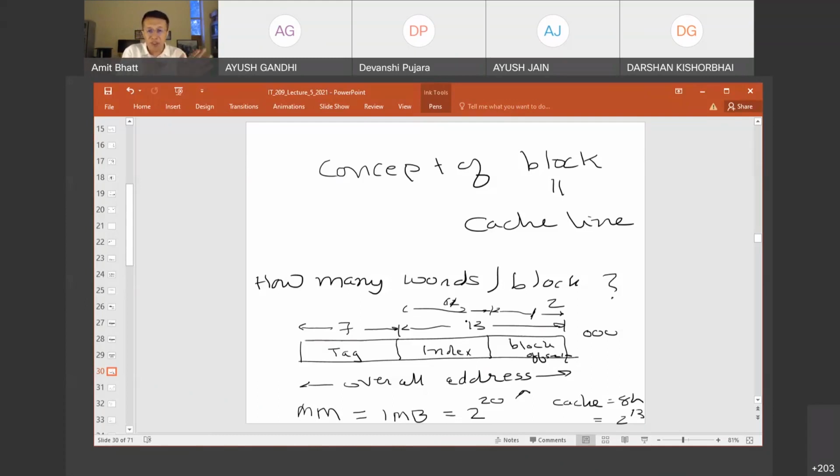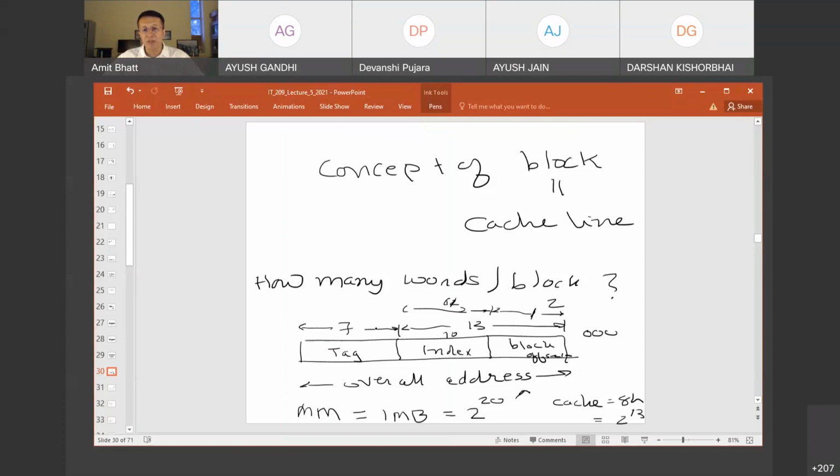The first part you would still call index, and the second part we'll call block offset. So as you start increasing the number of words in your block, the bits per index start shrinking. If you have 8 words per block, then you would require 3 bits, and then your index bits would be 10. Tag will not be affected. Tag will remain 7, right?